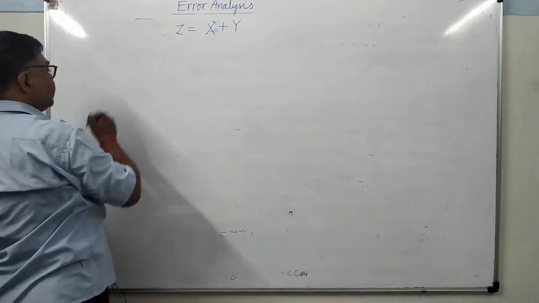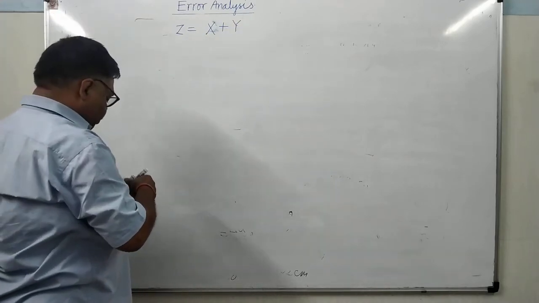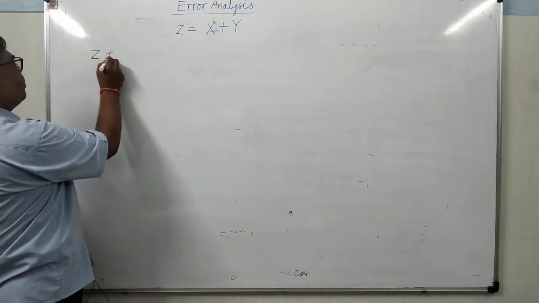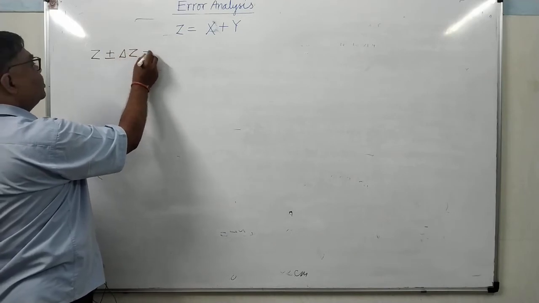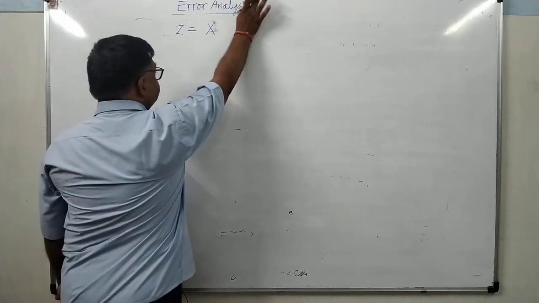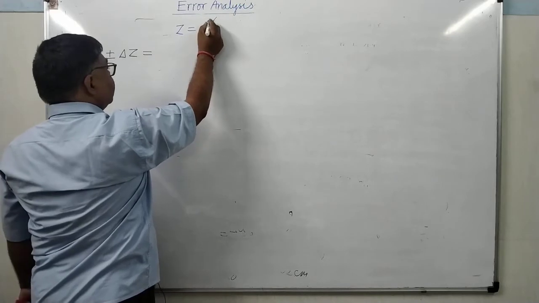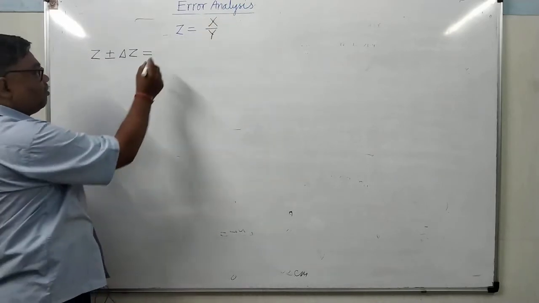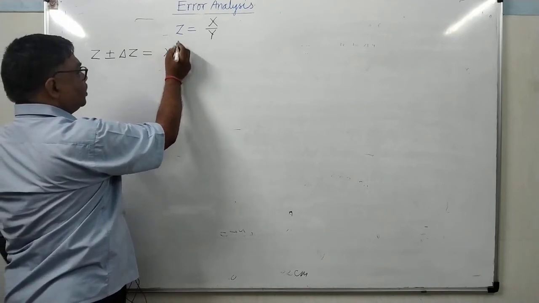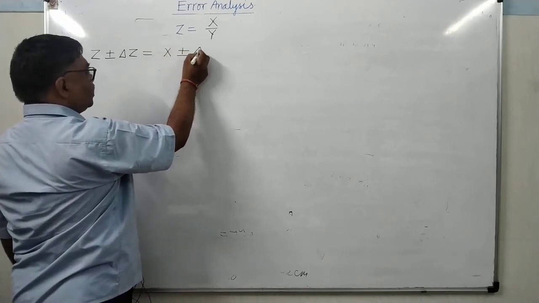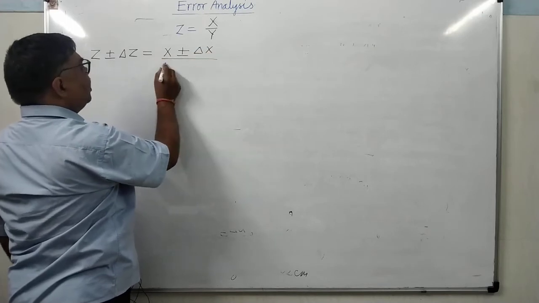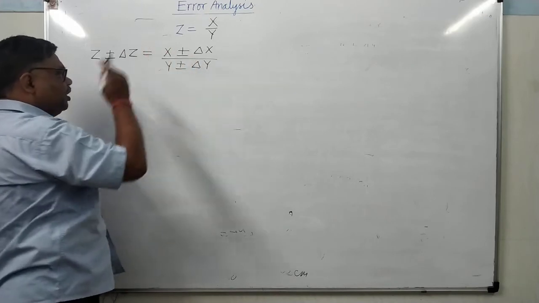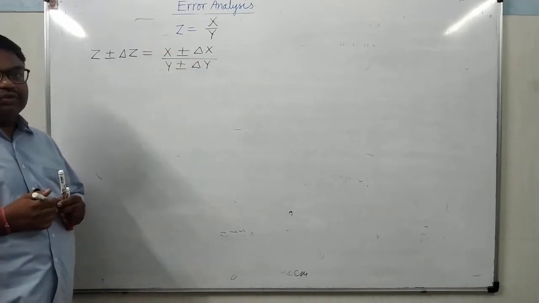So with due consideration of error, it can be written as z plus minus delta z is equal to x plus minus delta x divided by y plus minus delta y.